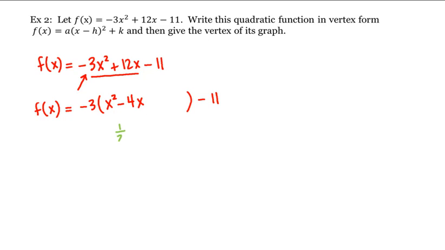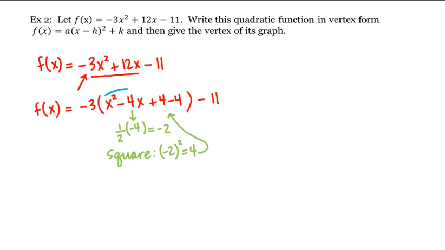And then we take 1/2 the coefficient of x, which is negative 4, which gives us negative 2. And then we square this. So negative 2 squared, which is 4. And then we add and subtract that number within the parentheses here. So plus 4 minus 4.